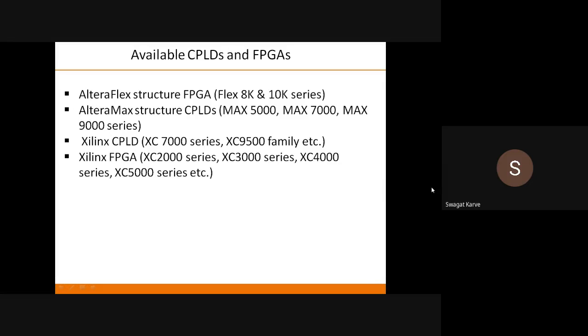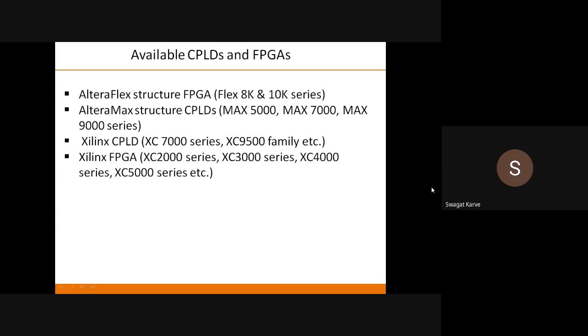Then Altera Max. Altera is again the company and Max is the product name. So Altera Max is a CPLD. You have Max 500, Max 700, Max 9000 series, 5000, 7000 series. These are the CPLDs manufactured by Altera with different specifications and advancements, right?